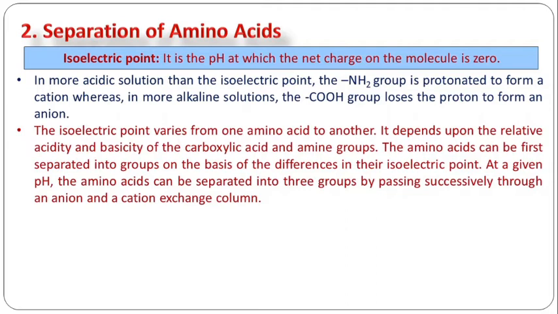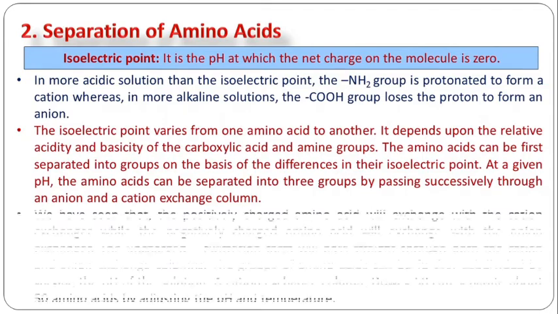So at a particular pH, the amino acids can be separated into groups by passing successively through anion and cation exchange resins. So by using the exchange resins, we can distribute these amino acids into 3 groups, that is X form, Y form and Z form, positively charged, negatively charged and neutral amino acids, by keeping the pH constant.